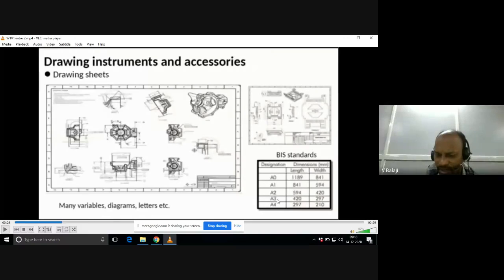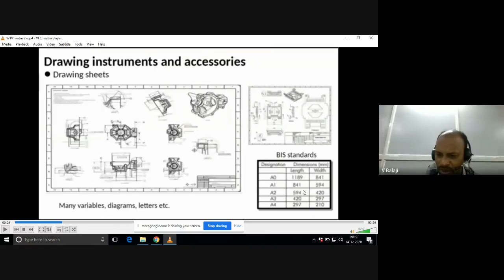Similarly, you can compare the relation between A2 and A3. The length of A3 is 420. That is the same for A2 width. The length of A3 is equal to the width of A2, 420, right? And if you double the width of A3, 297, you will get 594. That is the length of A2.